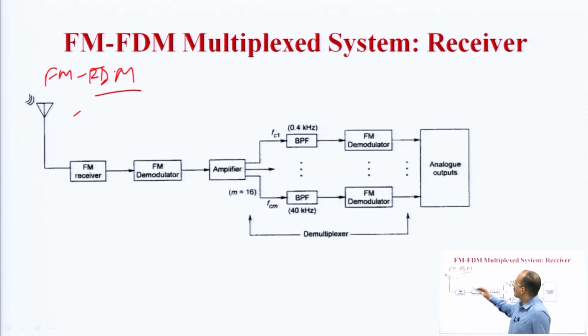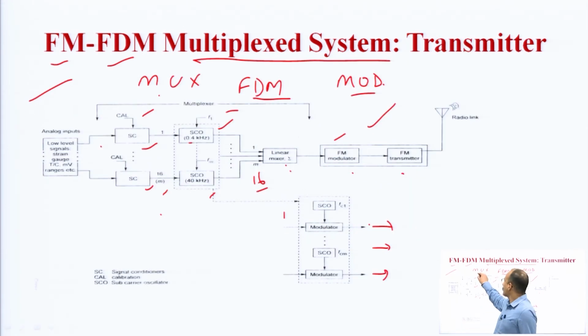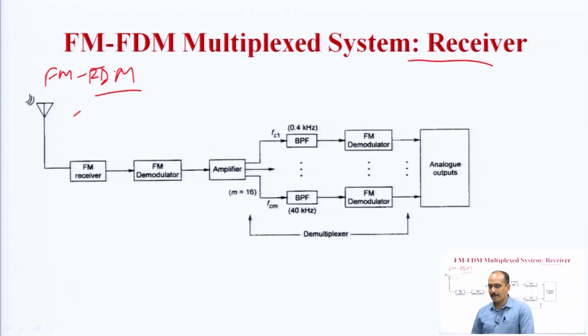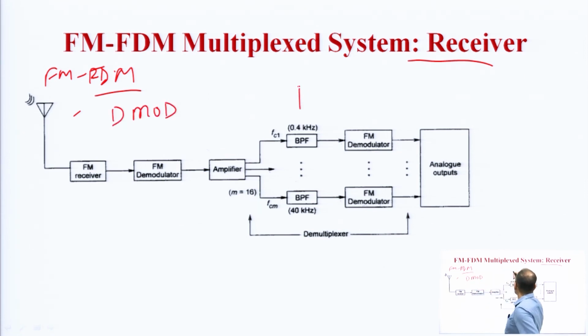And this receiver part is just the reverse of the transmitter, where you perform the multiplexing and then modulation. In the receiver part, first you perform the demodulation and then demultiplexing.